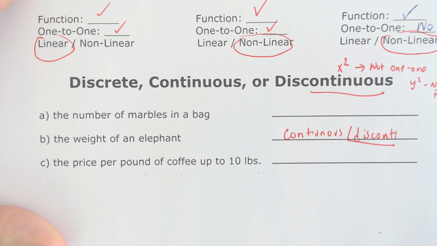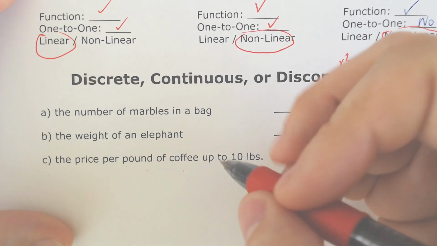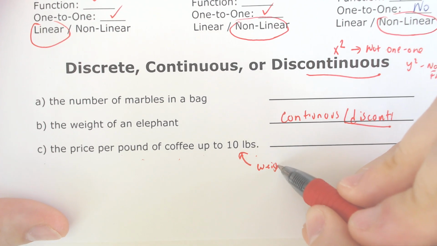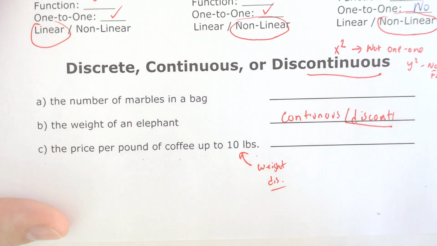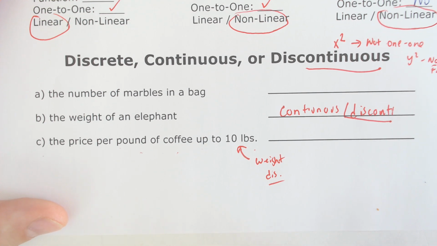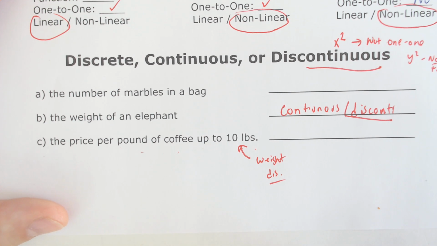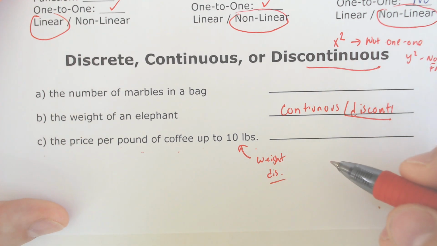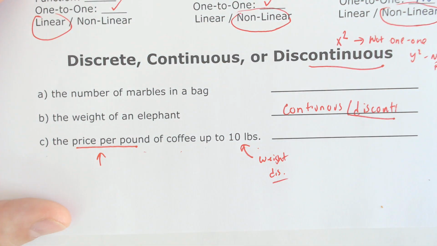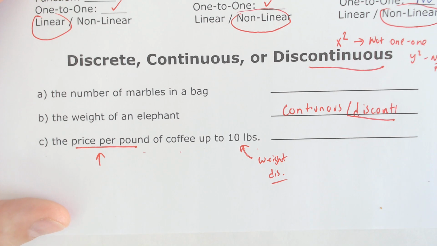This one, there are 2 ways to view it. If you view the up to 10 pounds, the weight is discontinuous. Where it is continuous, you can have 9.1 pounds, you can have 9.11 pounds, you could have 9.111 pounds, 9.12 pounds, 9.123 pounds. Any of those numbers are fine. What about the price? Well, the price is dictated by the currency that you're dealing with.